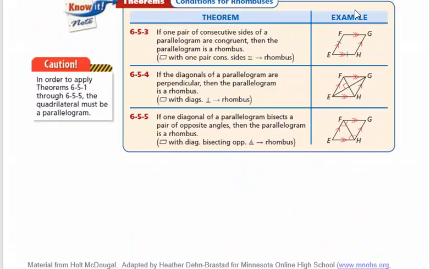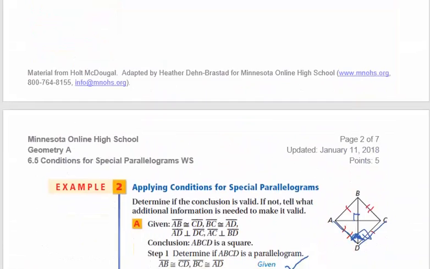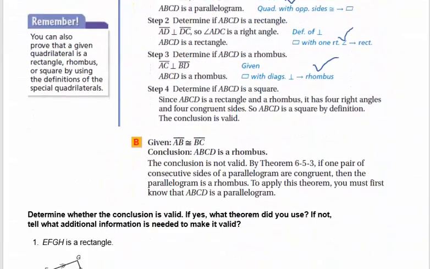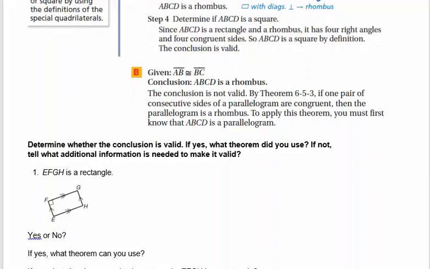But remember, we can't use that until we know we have a parallelogram. And having two consecutive sides congruent is not enough to say you have a parallelogram. So the additional information you would need is either that opposite sides are congruent, whatever you would need to find that it's a parallelogram.